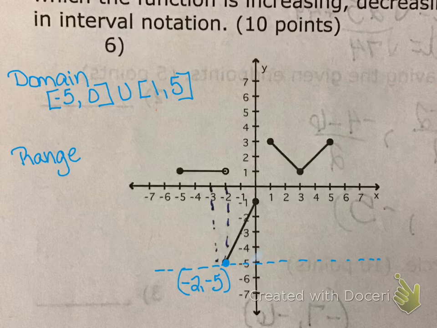So I start here and I go all the way up here. Now again, my ordered pair right here is 0, -1. When I'm doing range, I'm focusing on my y value. So the parts that I'm interested in are this -5 and this -1.